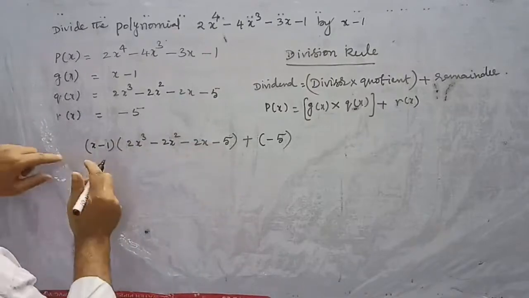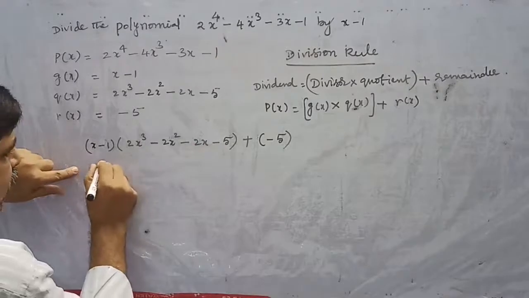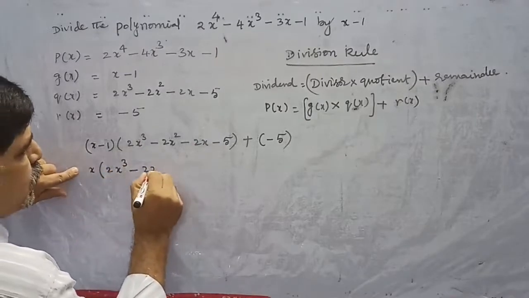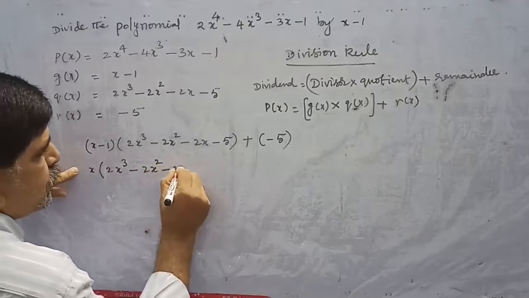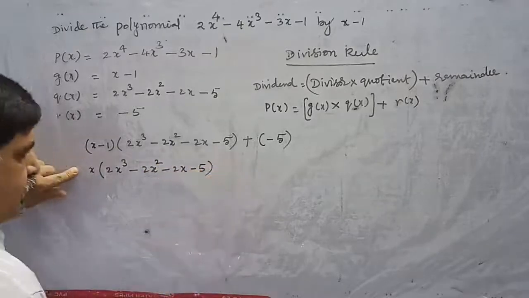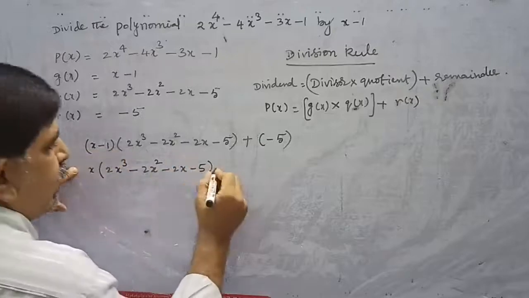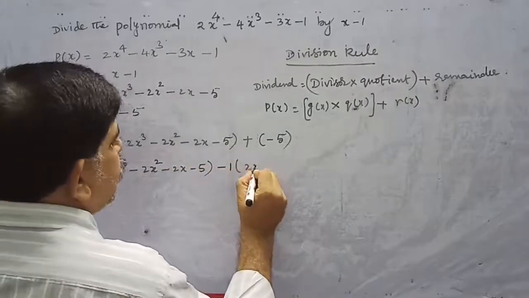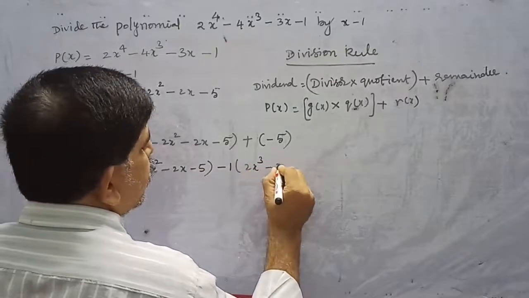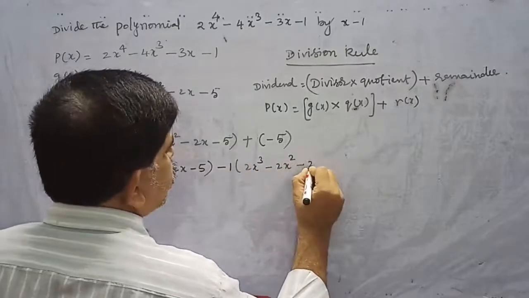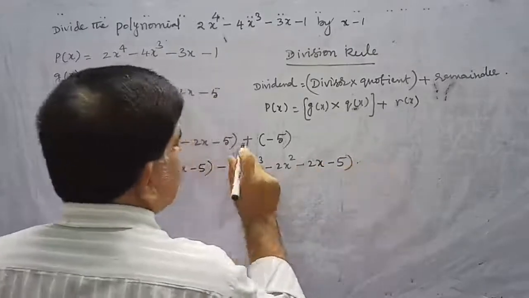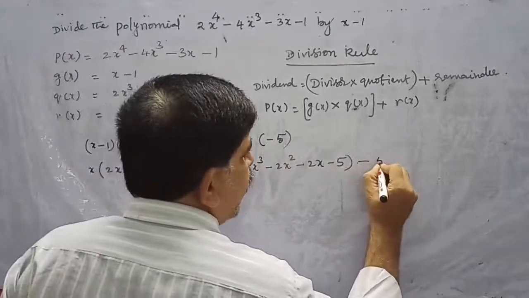First, x into 2x cube minus 2x square minus 2x minus 5. Next, minus 1 into 2x cube minus 2x square minus 2x minus 5. Plus the remainder, minus 5.